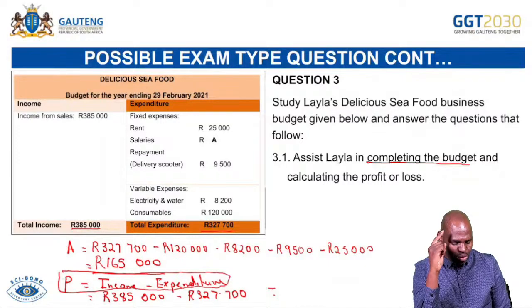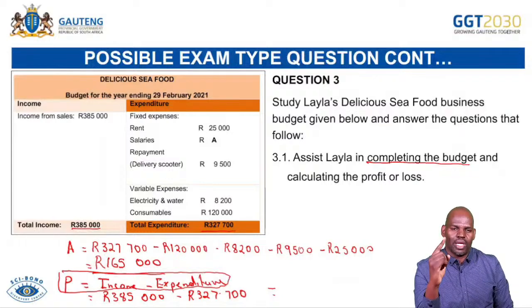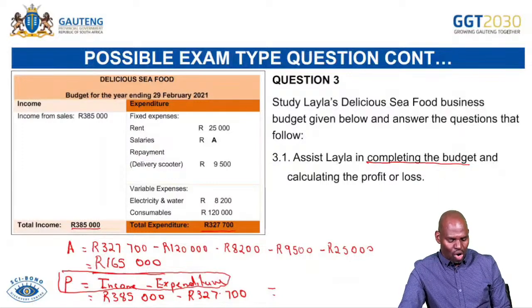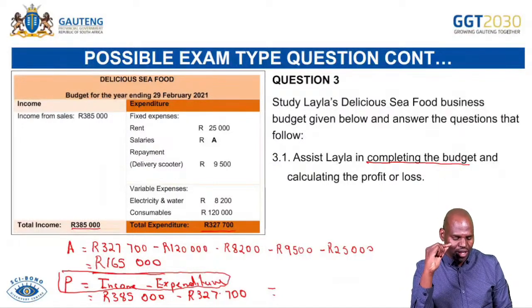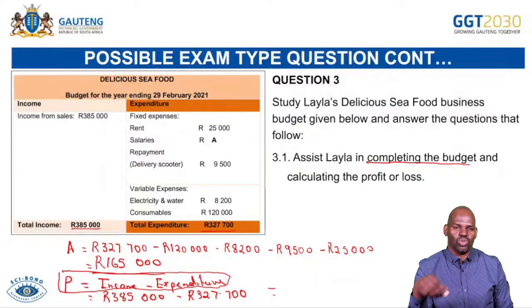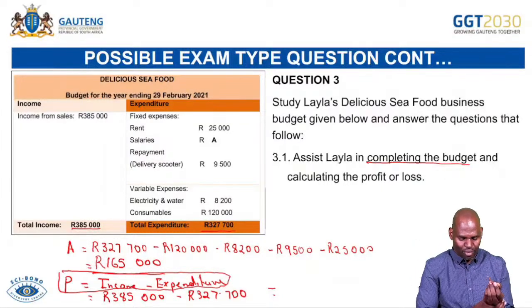But if you are using the very same formula and you get a negative answer, you must remember that that is actually not a profit, but a loss. So in a case where you see that the income is bigger than expenditure, automatically you must know that you're going to get a profit.